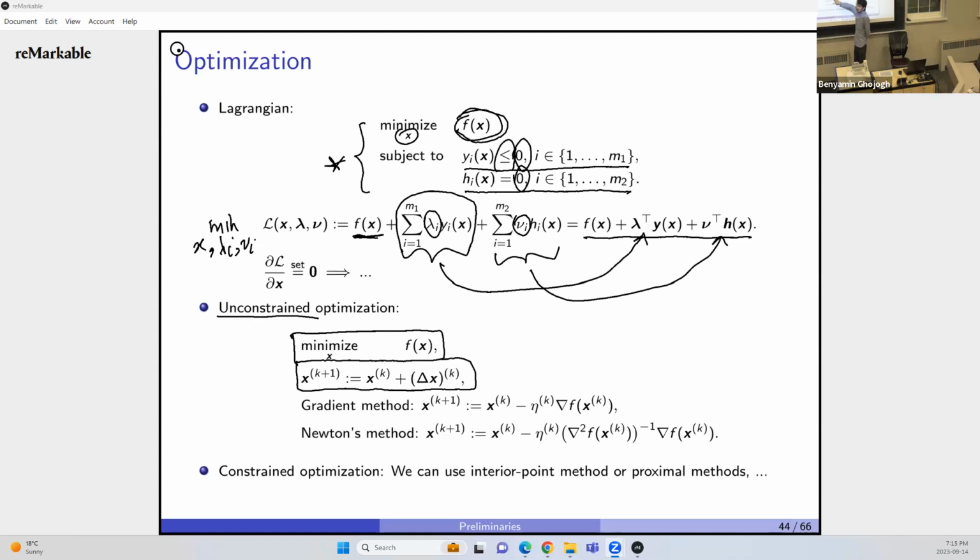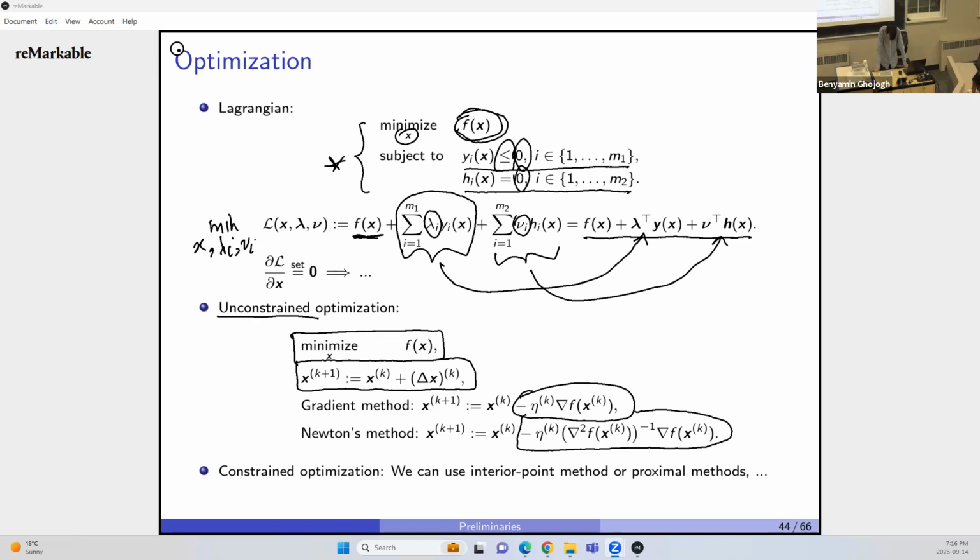Next thing is the previous thing plus some step, right? Now, different algorithms have different steps. How to define this step? Okay, for example, gradient method says that the step is this minus eta times the gradient, and Newton's method says the step is minus eta times the inverse of Hessian times the gradient, right?